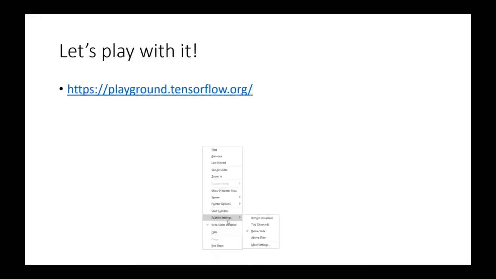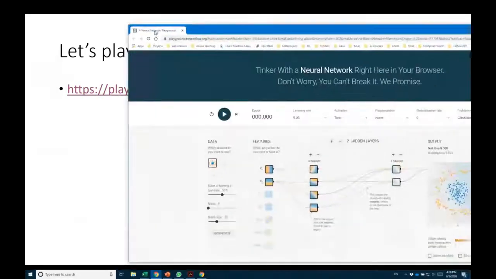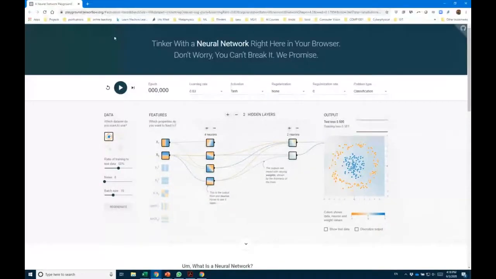Let's play a little bit with all of this. You can play yourself, just for fun. This is a great site that I found today, where you can build neurons.